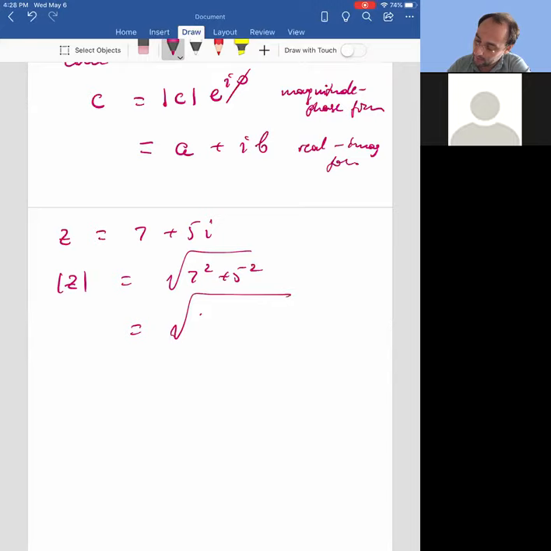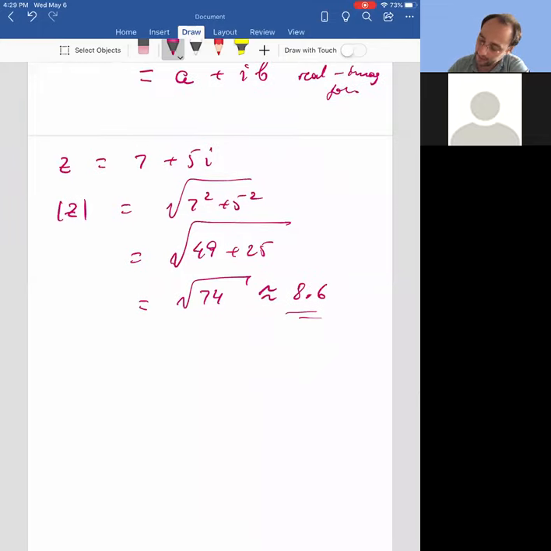That's 49 plus 25. Just a second, I'm going to get the decimal out. So this is 74, and that's approximately 8.6. Okay, that's the magnitude.